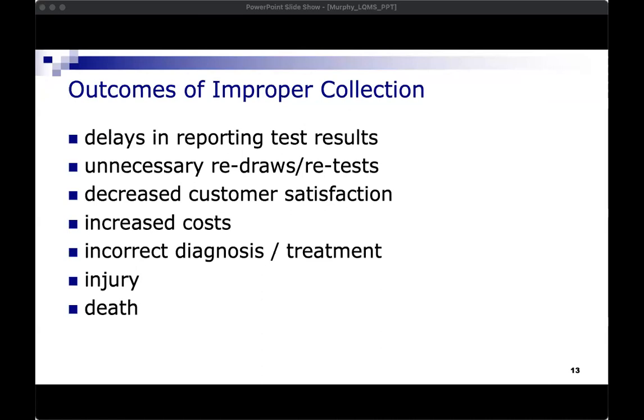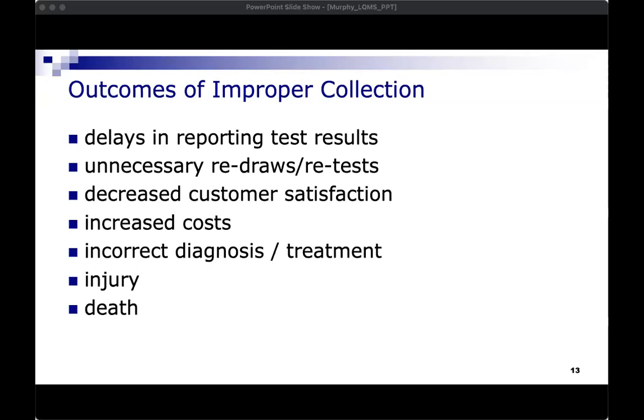And then lastly, and I would argue most important, it can lead to an incorrect diagnosis or treatment, injury, and even death. When you think about blood bank specimens especially, it's so important that those be collected and labeled appropriately, because giving someone the incorrect blood type can have serious consequences.